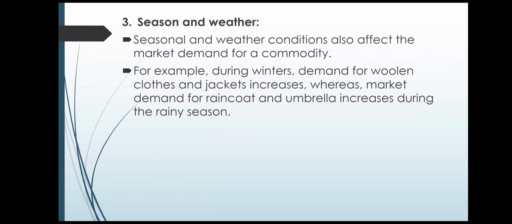So season and weather is also a very important determinant. We do not purchase woolen clothes during summer season. We will demand for it only during winters when there is a need of it. Similarly, raincoats are not purchased throughout the year. It will only be demanded during rainy season.